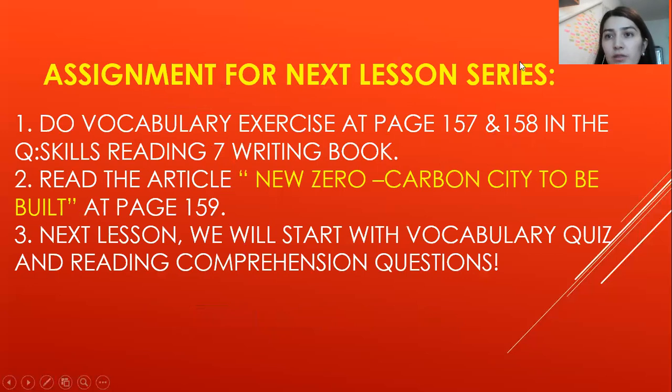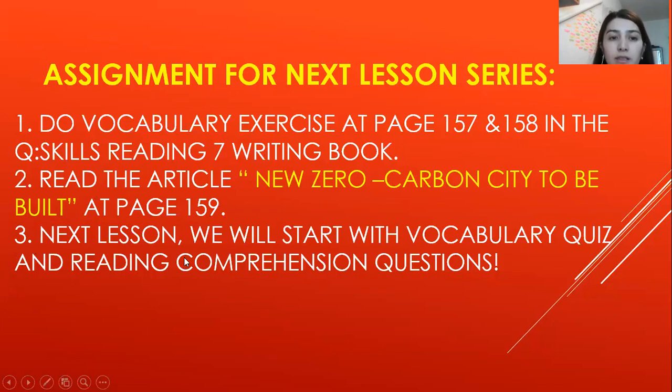Here are the assignments. Till the next lesson, I want you to complete 2 assignments. Assignment number 1: do the vocabulary exercise on pages 157 and 158 in the Q Skills Reading and Writing book, okay? And second, read the article "New Zero Carbon City to Be Built" on pages 159 and 160.